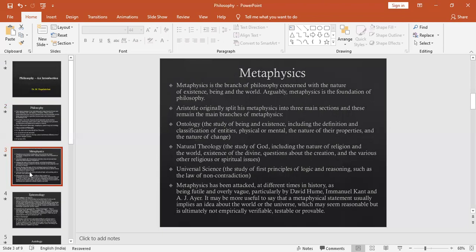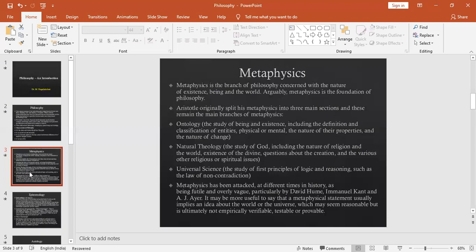Aristotle originally split his metaphysics into three main sections, and these remain the main branches of metaphysics. So when you take metaphysics, again, it splits into three divisions. Who has done that? Aristotle himself did. What are those three main sections?